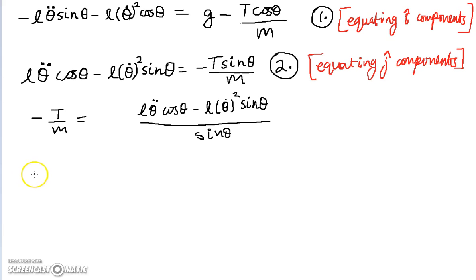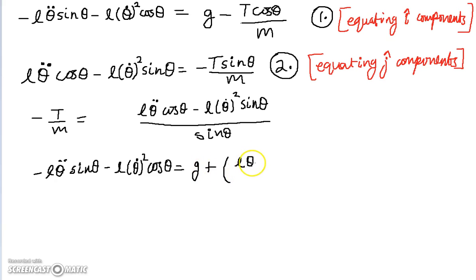So let's do that. We have negative L theta double dot sine theta minus L theta dot squared cosine theta equals g plus (L theta double dot cosine theta minus L theta dot squared sine theta) divided by sine theta.